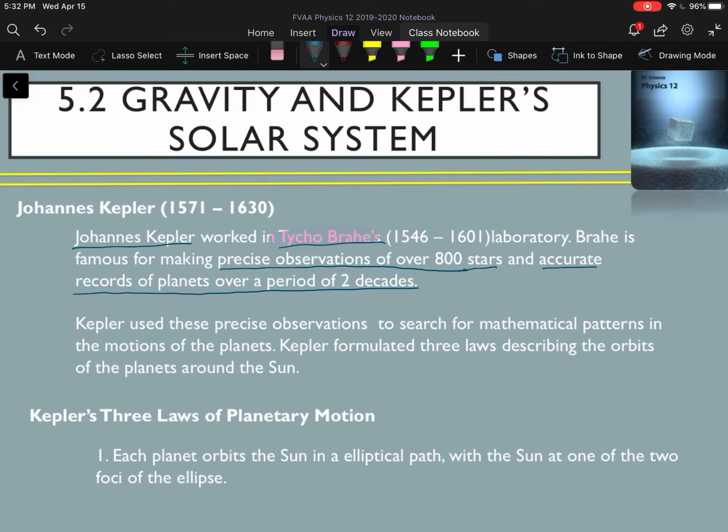So he took the data that Tycho Brahe collected and tried to find mathematical patterns in the motions of the planets that this guy had measured. And based on that data, he was able to formulate 3 laws that describe orbits of planets around the sun. So here are the 3 laws.